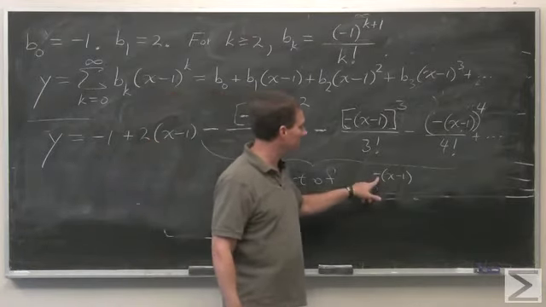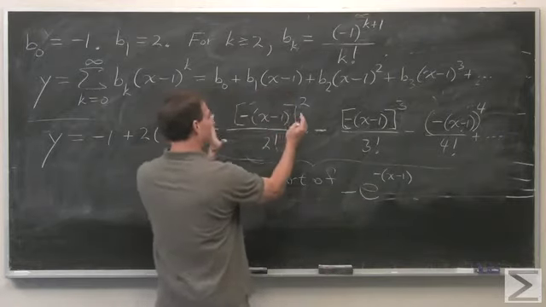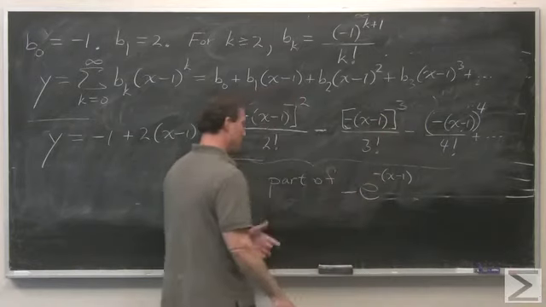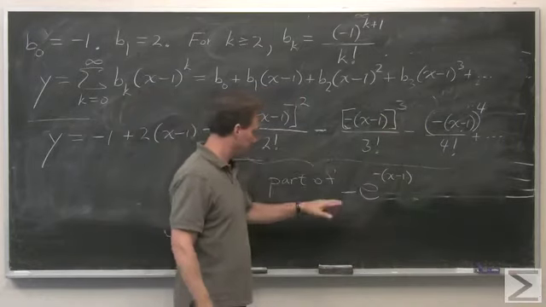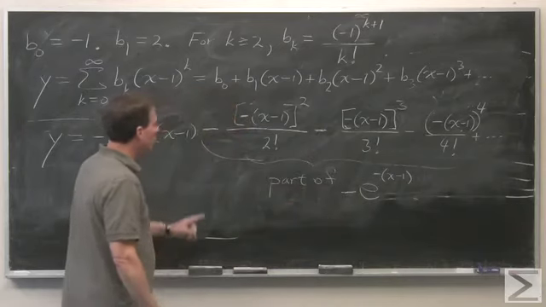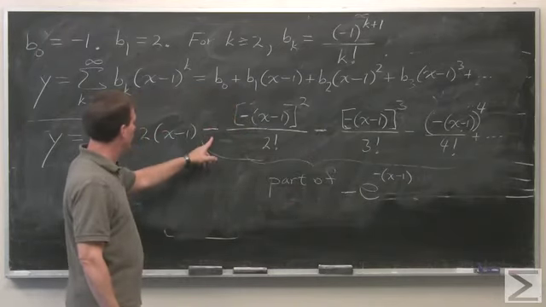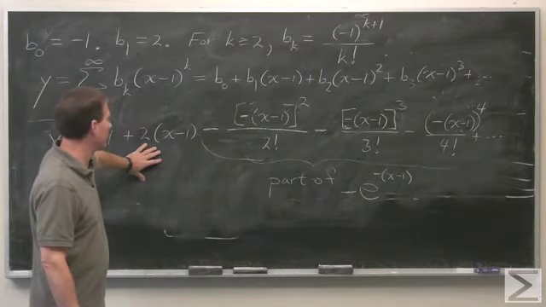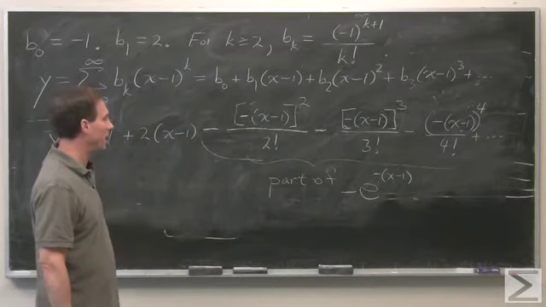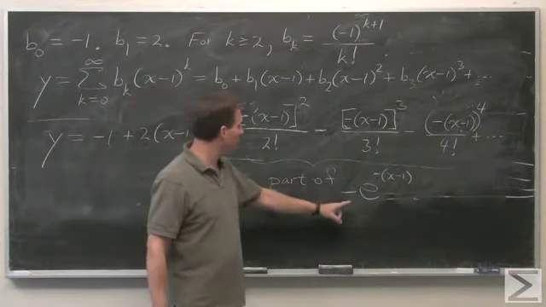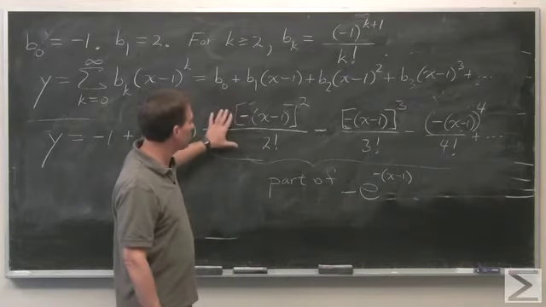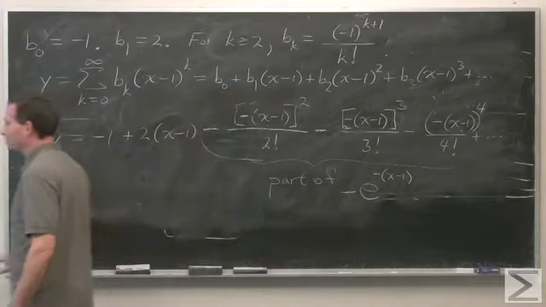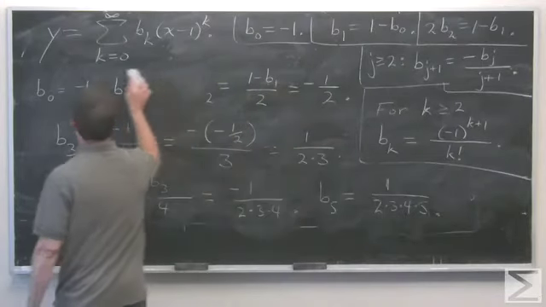But if you replace the x by negative x minus 1, then you get the quantity negative x minus 1 squared over 2 factorial, the quantity negative x minus 1 cubed over 3 factorial. We've got them all subtracted. But these terms aren't doing the right things. This is the part of this series that starts at the degree 2 term. And if you make it match in the other 2 terms, we'll see a nice closed form for the answer.